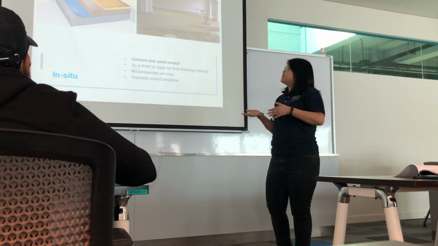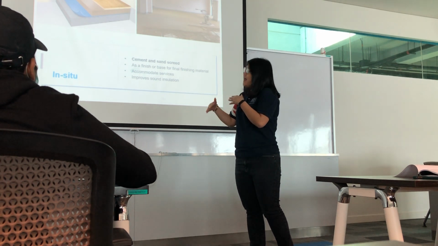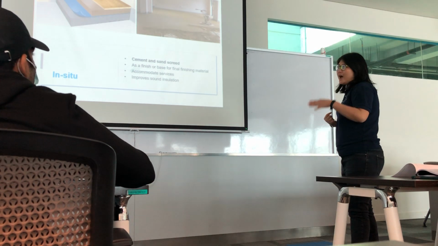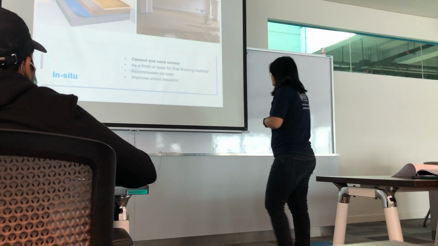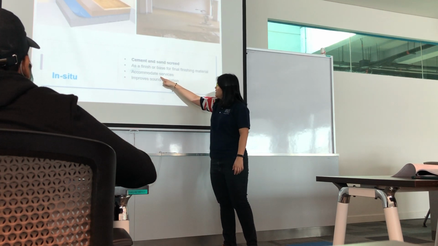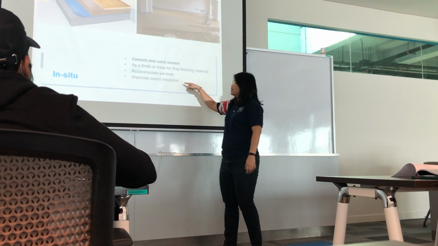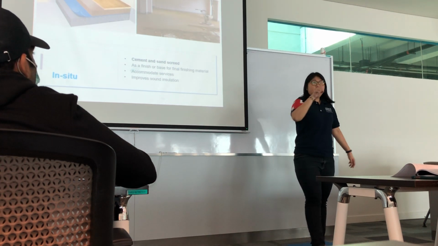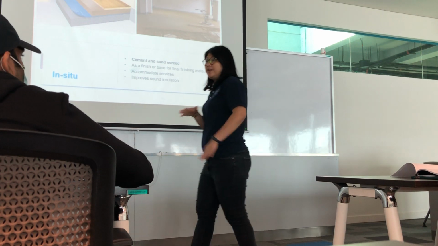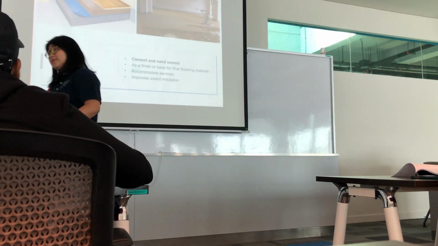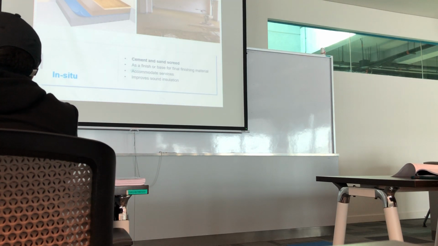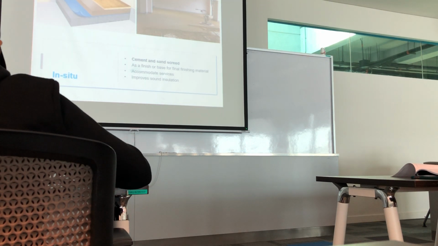Before you apply the final floor finish, you need to have a screed. Why do we need a screed? As a base for the final finishing material, to accommodate services and improve sound insulation. Number one, because our concrete slab is not finished perfectly, so there might be some undulating. Undulating means unevenness, very wavy, a very rough finish.